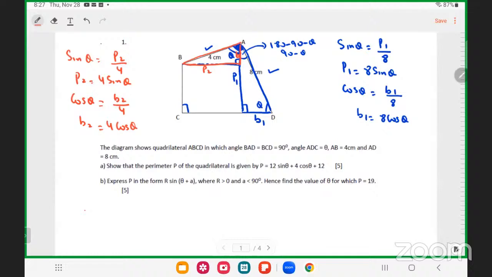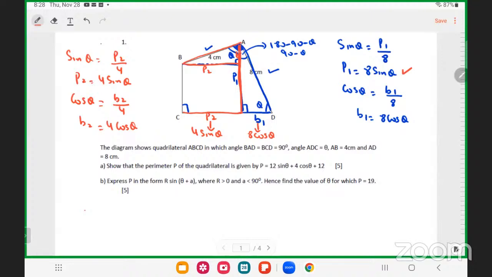So now realize that this P2 will also be equal to this. So this P2 is 4 sine theta. This B1 is 8 cos theta. The whole of this length is 8 sine theta.